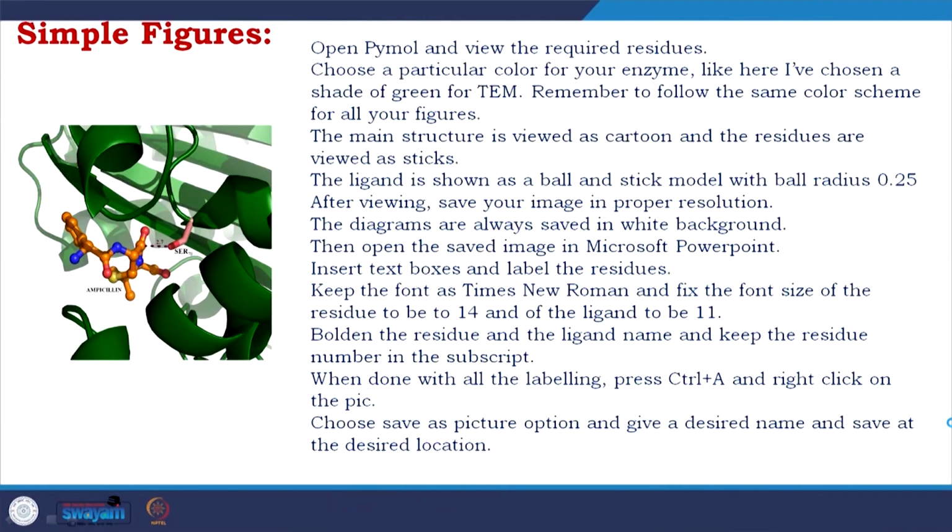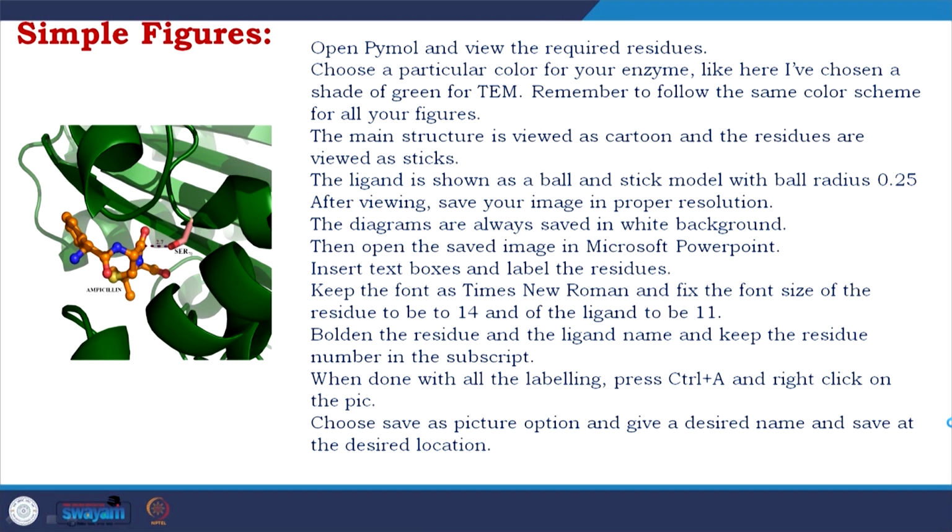First of all, you could make a simple figure. For making a simple figure, you open Pymol and view the required residues. You choose a particular color for your enzyme, like here we have chosen a shade of green for the enzyme TM, and you remember to follow the same color scheme for all of your figures, so that you make a continuity.